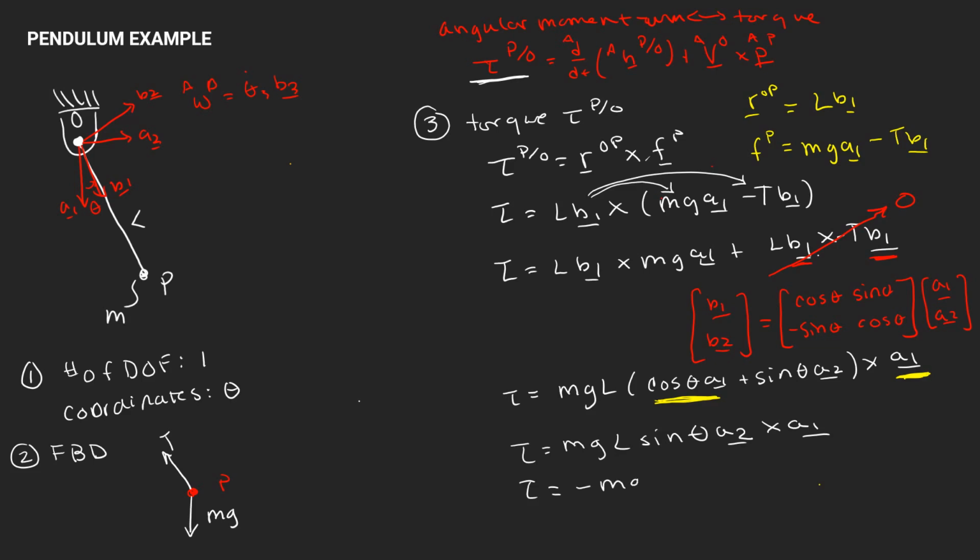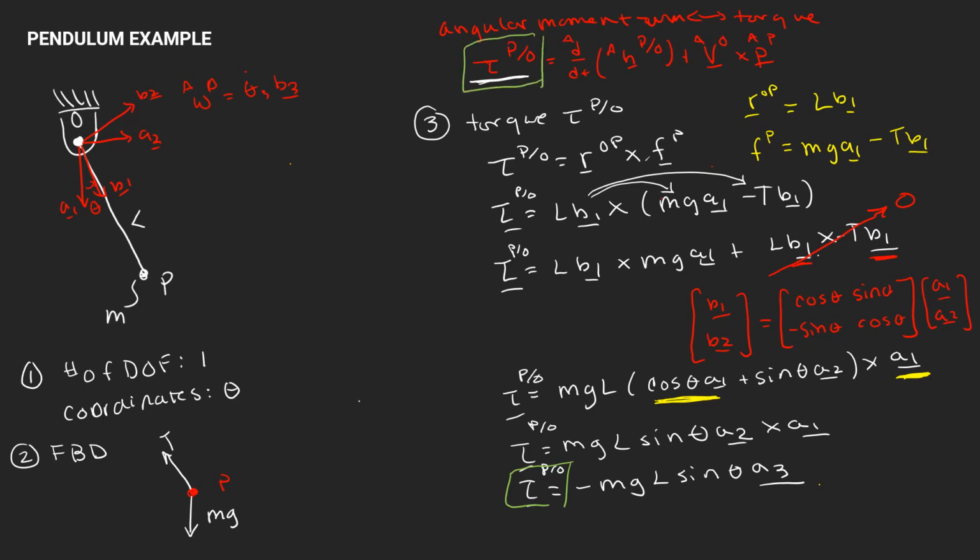So we now write this as torque is equal to negative mgL sine theta A3, and these are all P about O. Okay, so we've found this first term here.